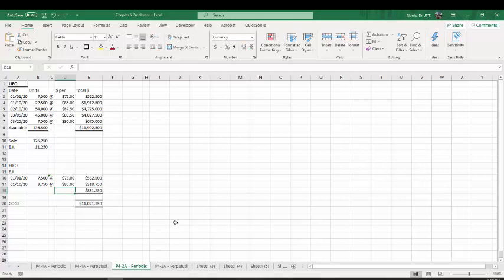That gives us a total ending inventory value of 881,250 and a cost of goods sold of $11,021,250.